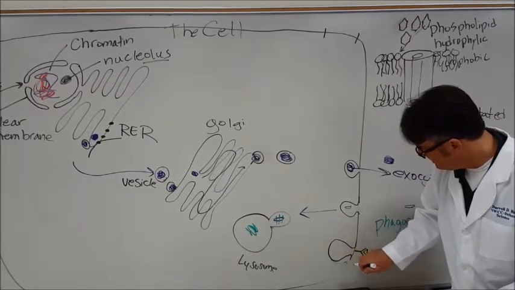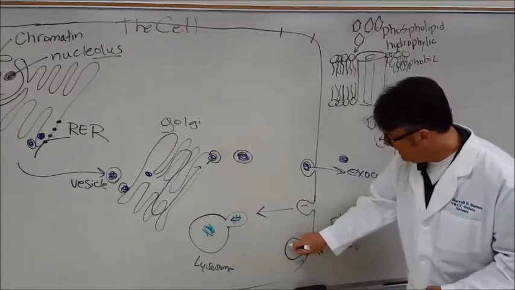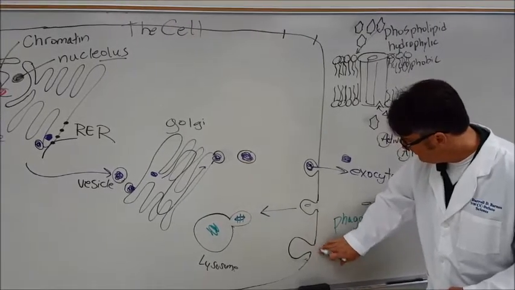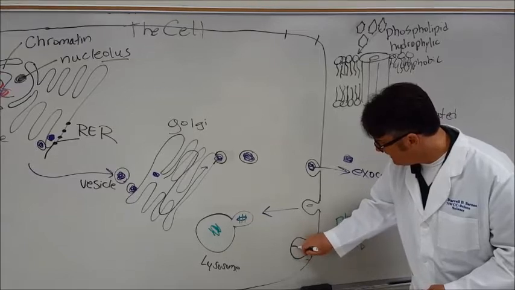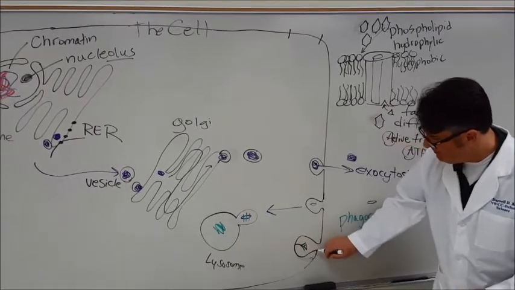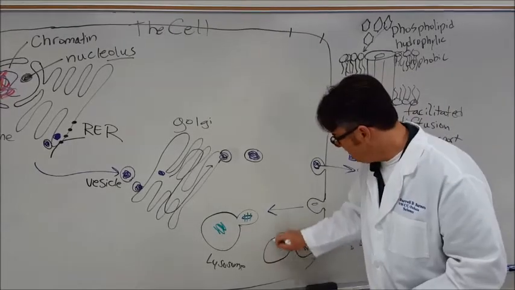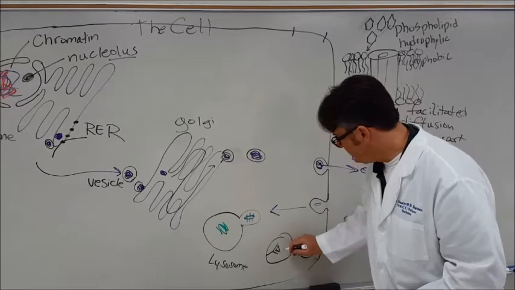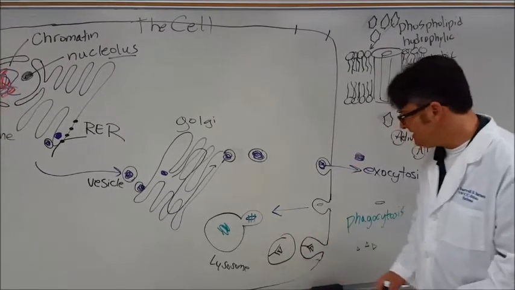Let's do like that. There we go. And this piece right here would collapse inward and carry this captured chemical inside. This would then pinch off and form a vesicle that has captured only the desired chemical.